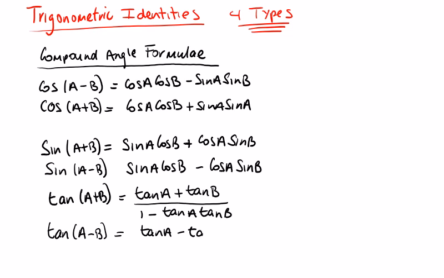It's following the same pattern. And then on the bottom, different sign, 1 plus tan A tan B. Now you might identify one of those as the angle between two lines.